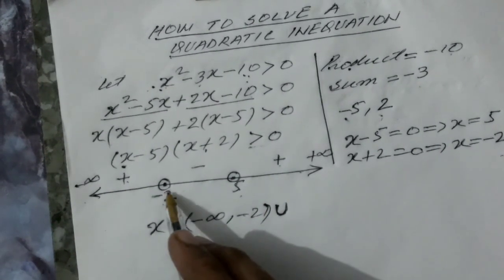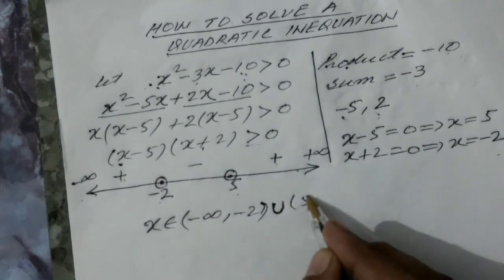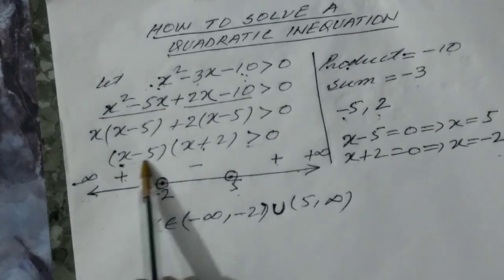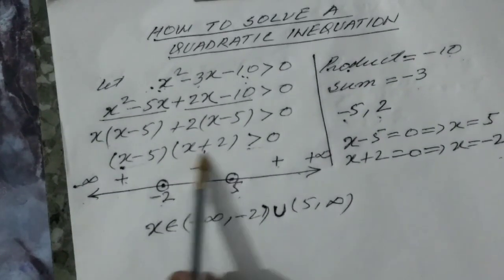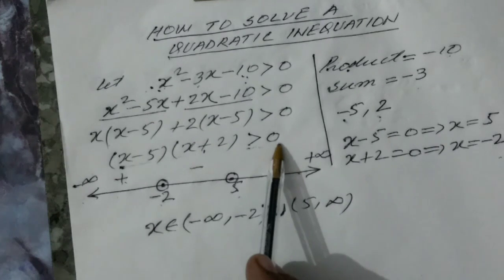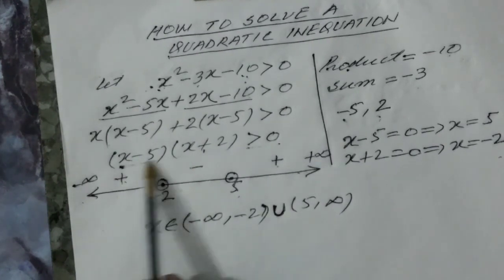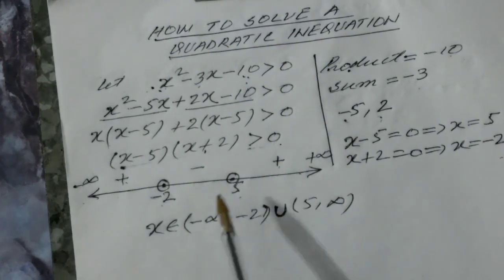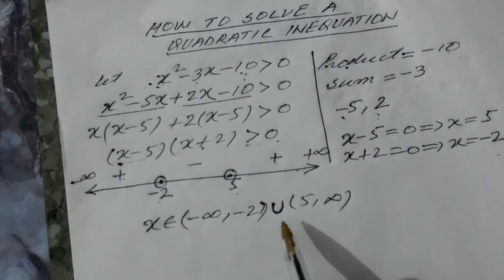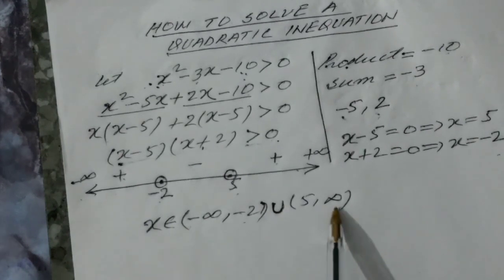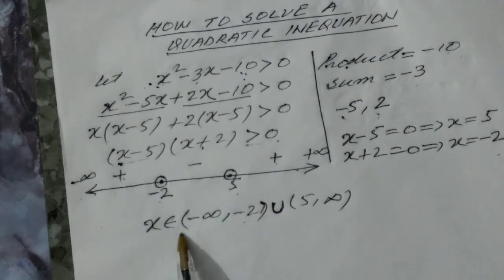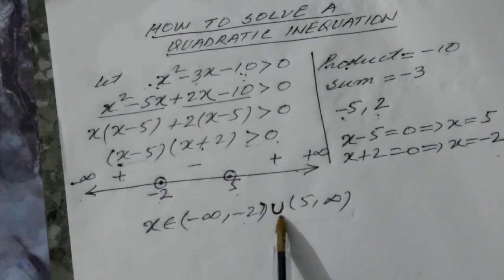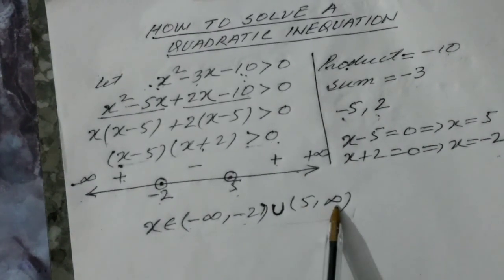So (-∞, -2) ∪ (5, ∞). In this interval, the sign of this expression is positive, that is the value of this expression will be greater than 0 for any value of x lying in these two intervals or in the whole interval (-∞, -2) ∪ (5, ∞).